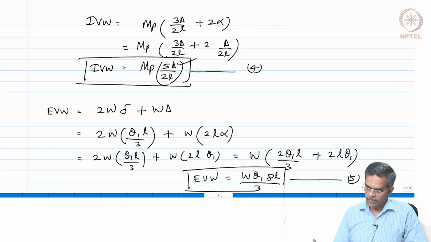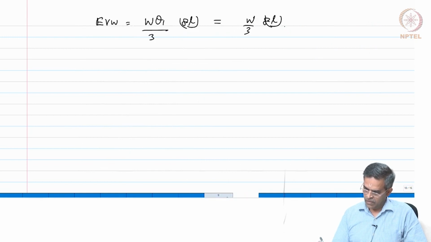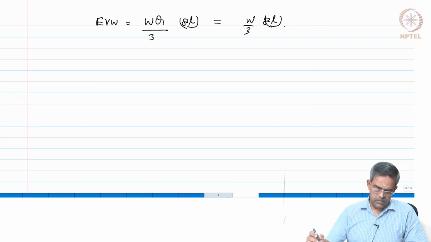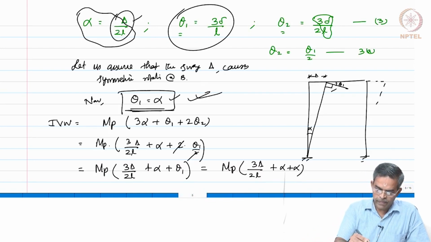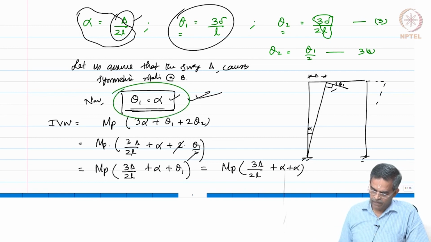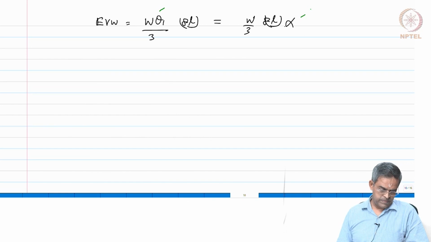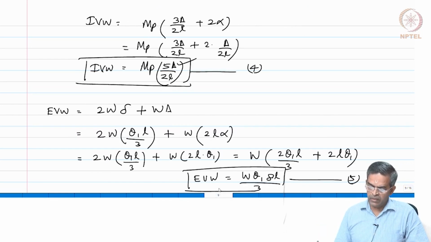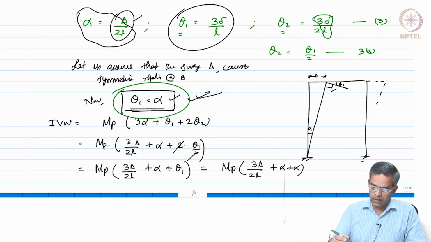You can see here theta 1 is alpha, we already said that. So, I have set theta 1 as alpha, okay. Now, alpha and delta are connected by this equation.